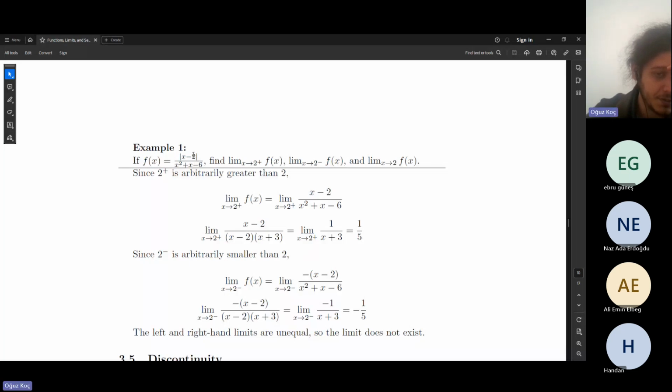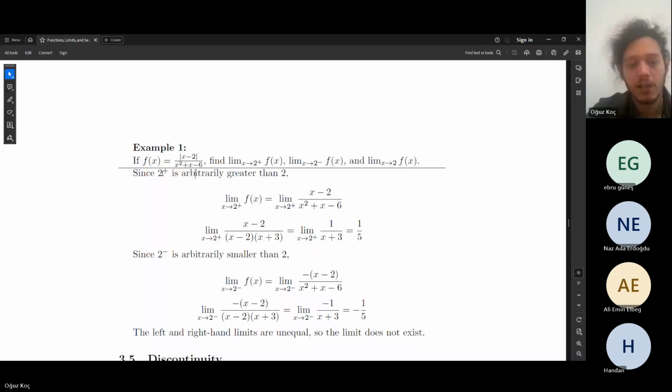If x were 3, it would be positive, and we can take x minus 2 outside of the absolute value as positive, which is x minus 2.